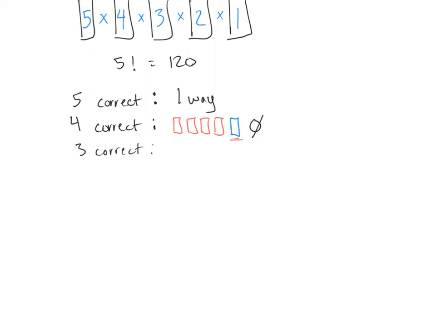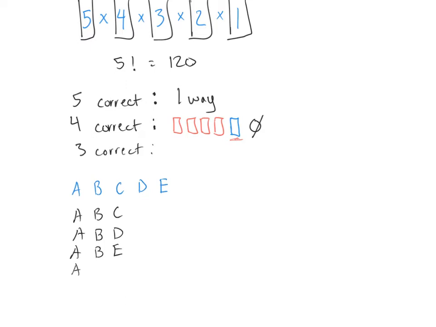And let's say I'm going to call these payroll checks A, B, C, D, and E. And my first combination, let's say A, B, and C are correct. There's also A, B, and D, A, B, and E, right?